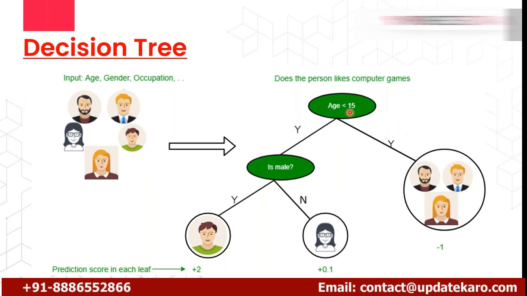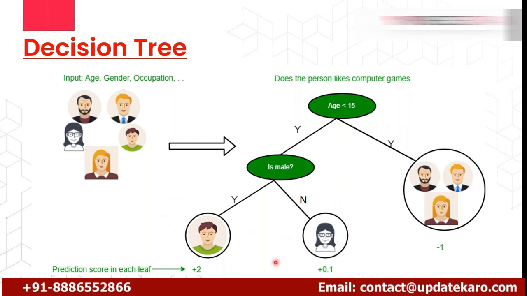So here, if age is less than 15, the term is -1. This is going to be the prediction score for each leaf. A leaf is nothing but the outcome, right?